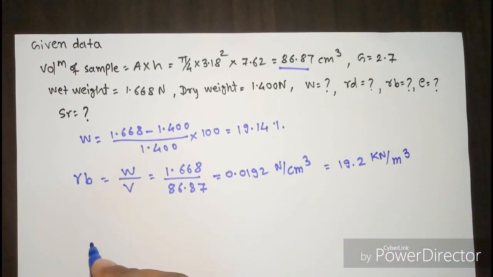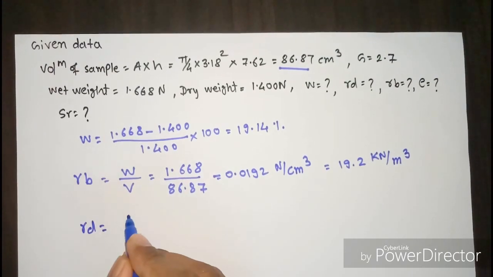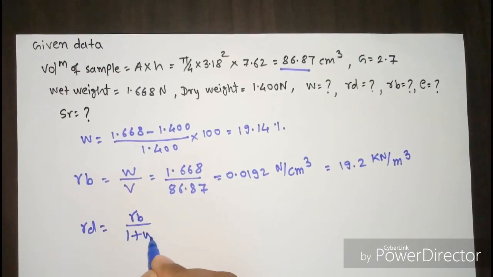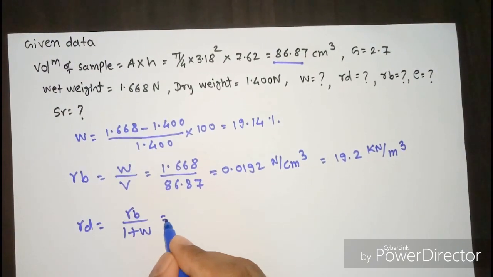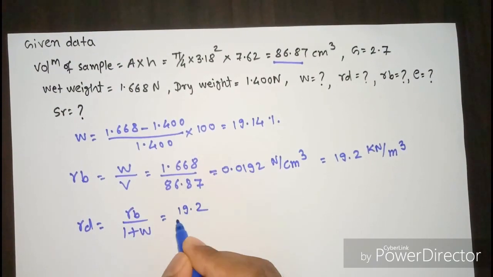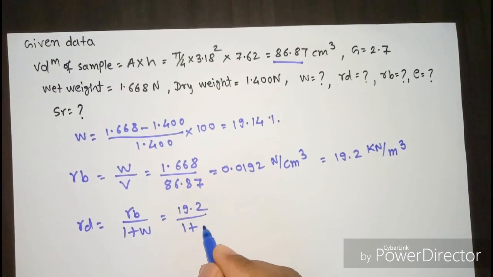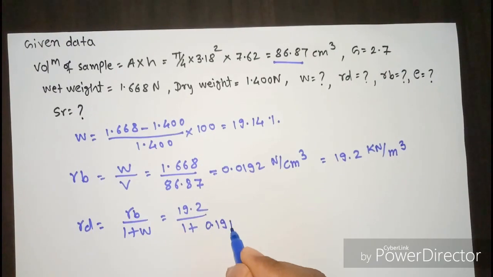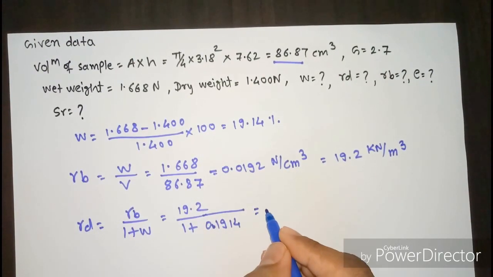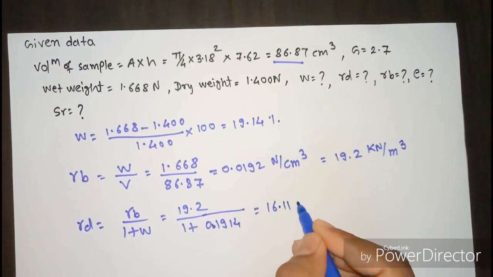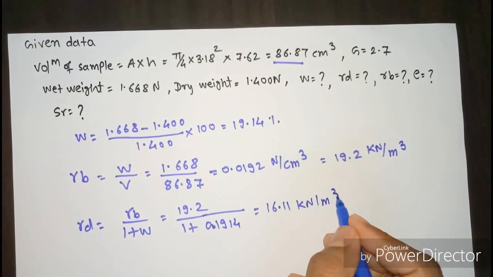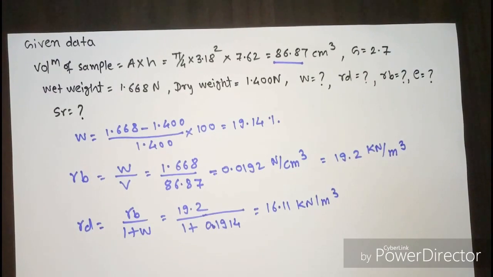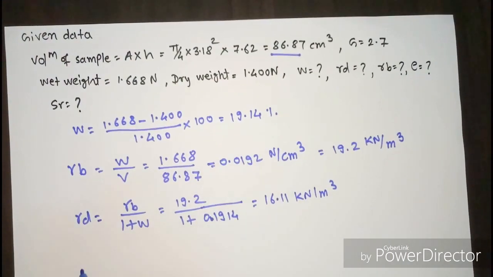Now we will calculate dry unit weight. Dry unit weight, gamma D is equal to gamma B upon 1 plus W. We just calculated gamma B is 19.2 upon 1 plus W, the water content is 19.14, so 0.1914. So gamma D is 16.11 kilonewton per meter cube. From this also we can calculate void ratio.